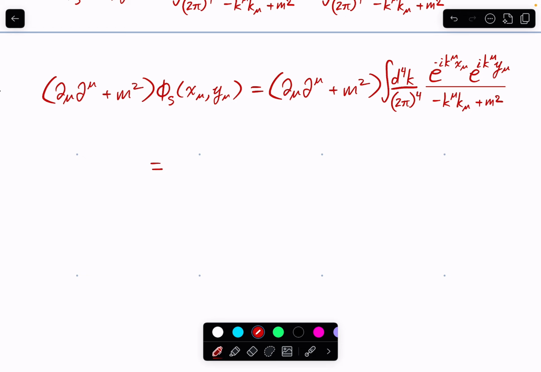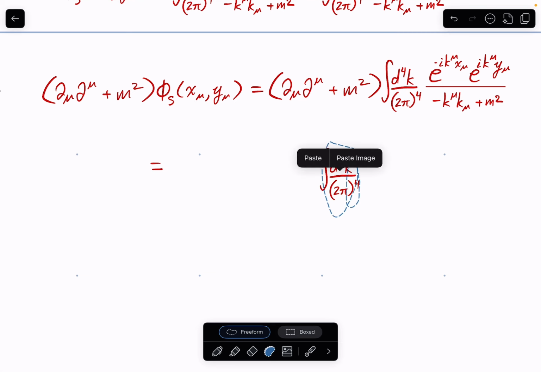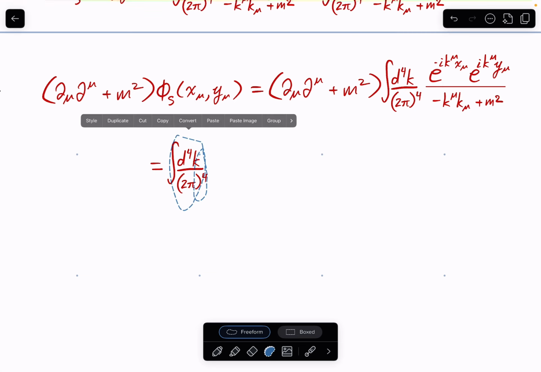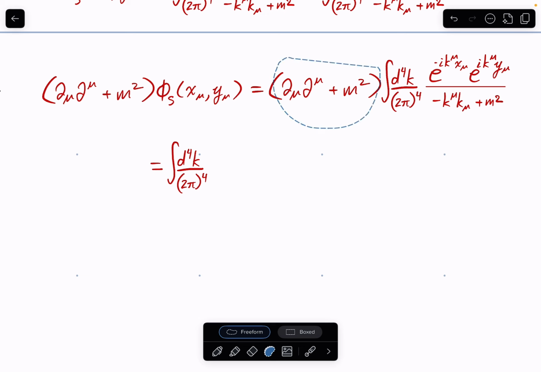Okay, so because these derivatives depend on space, and this is an integral over wave vector space, not space-time, we can move this integral out to the front. So that's exactly what I will do. And then we can move this in here, get rid of this.